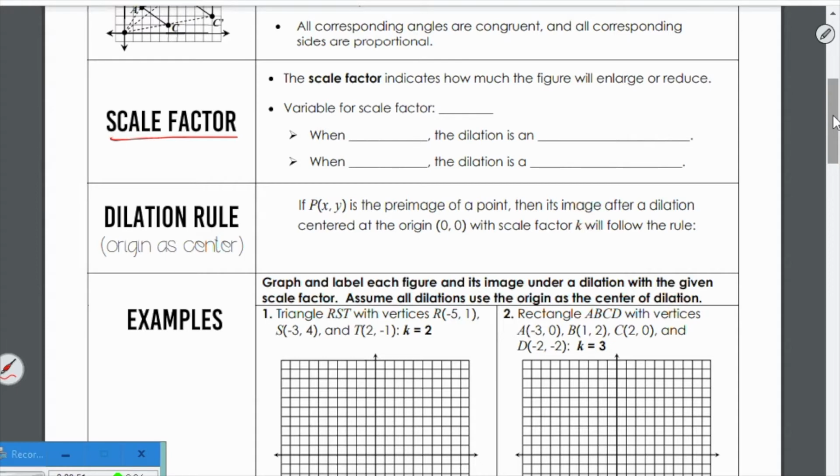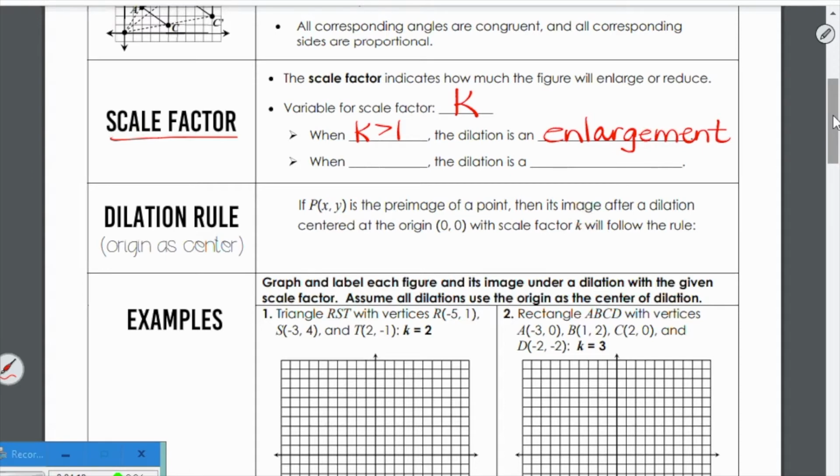So the scale factor indicates how much the figure will enlarge or reduce. The variable that we will use for scale factor is k. Okay, so when k is greater than 1, the dilation is an enlargement. It gets bigger. Now, it can't be equal to 1. If k is equal to 1, that means the shape just stays exactly the same.